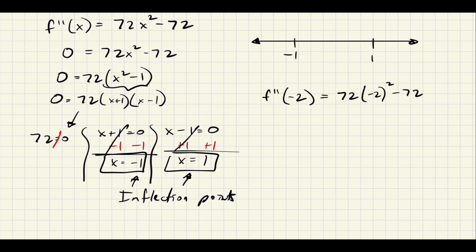So it'll be positive 4. So 72 times positive 4 minus 72. Well, if I go 72 times 4, that's going to be 200 and something, almost 300. Minus 72 is going to give you a positive number. Means that's where it's concave up.